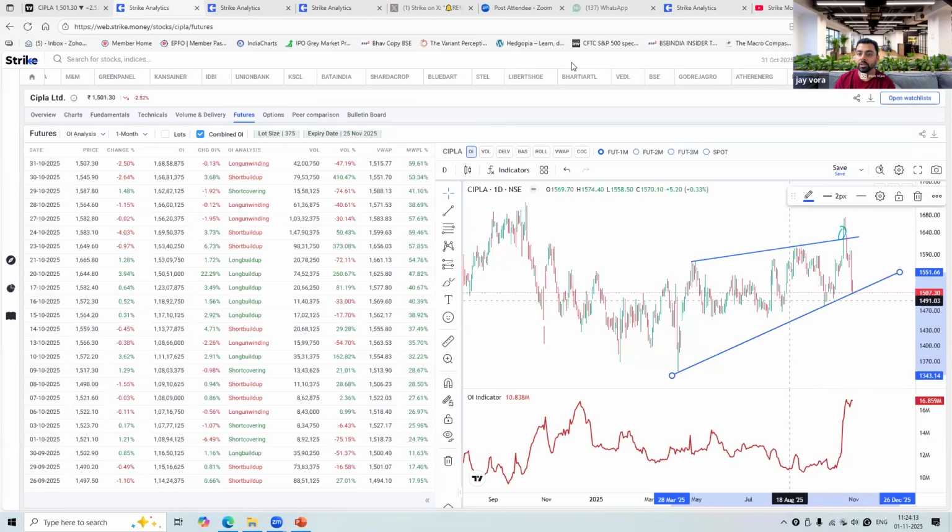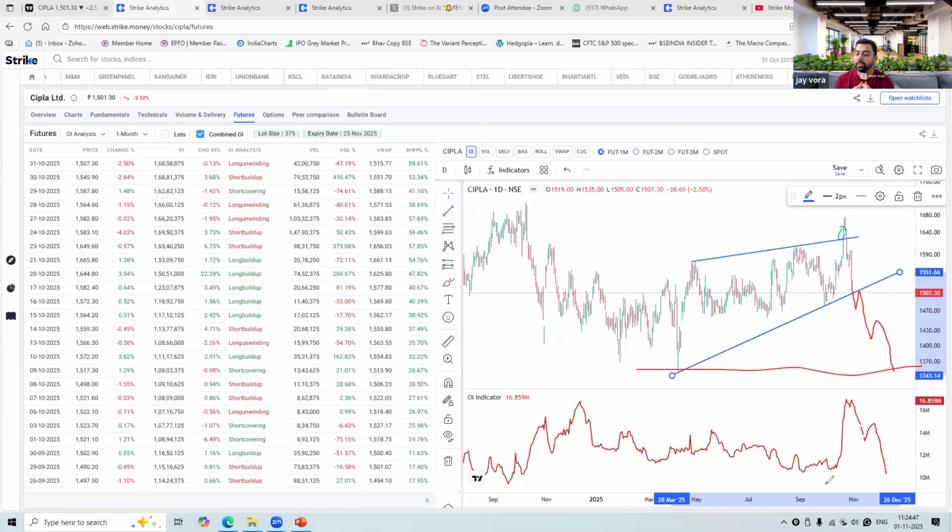Now say, for example, if something like this happens: a further decline, and then there is a pullback. In this pullback on the hourly chart, it comes back towards the averages and so on. And then in this decline, when the long unwinding starts happening and it comes over here, this would be the point where I think that the major decline is done.